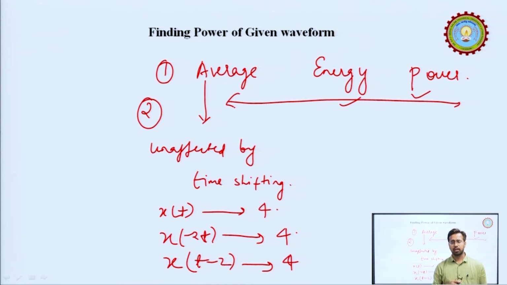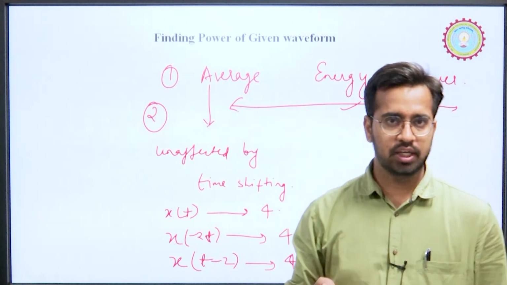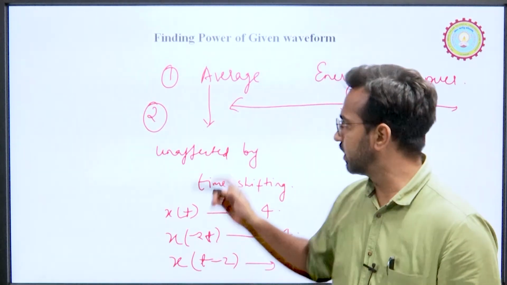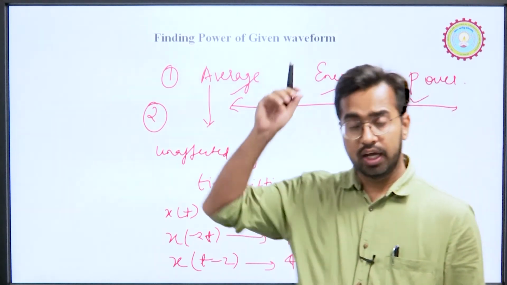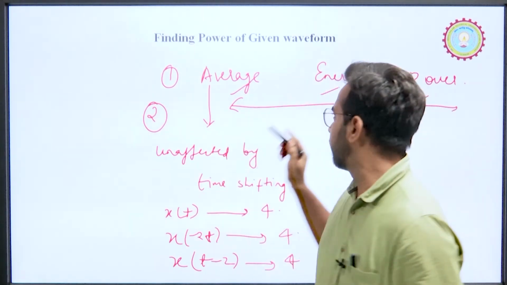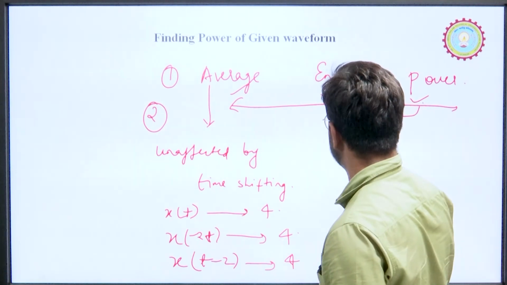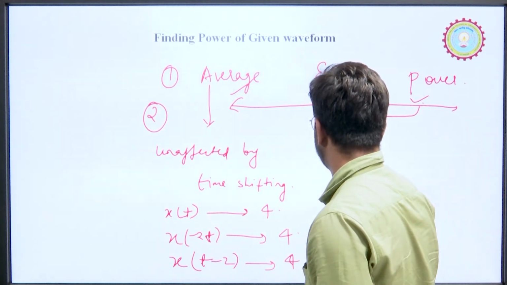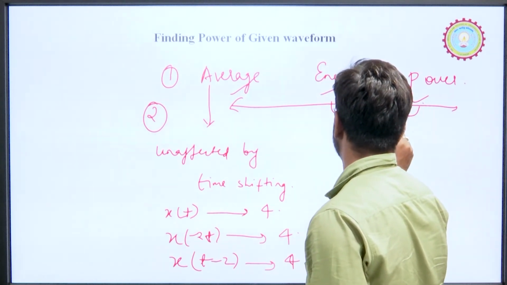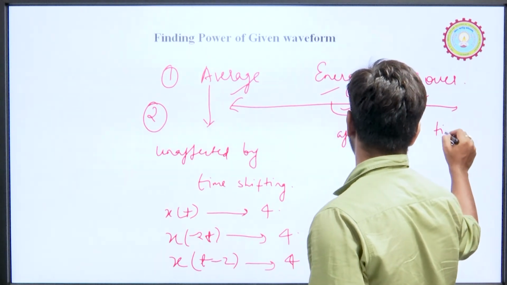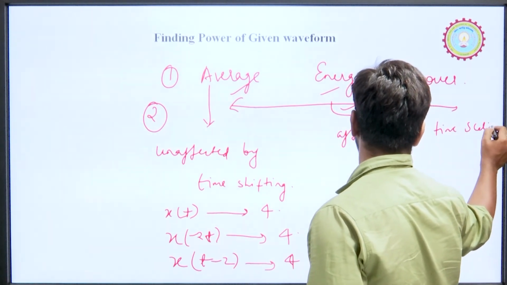Okay. Second thing, now suppose a signal is given and we are doing time scaling, then which is getting affected and which is not affected? See, first consider energy and power. Energy is basically affected by time scaling, and by what factor?